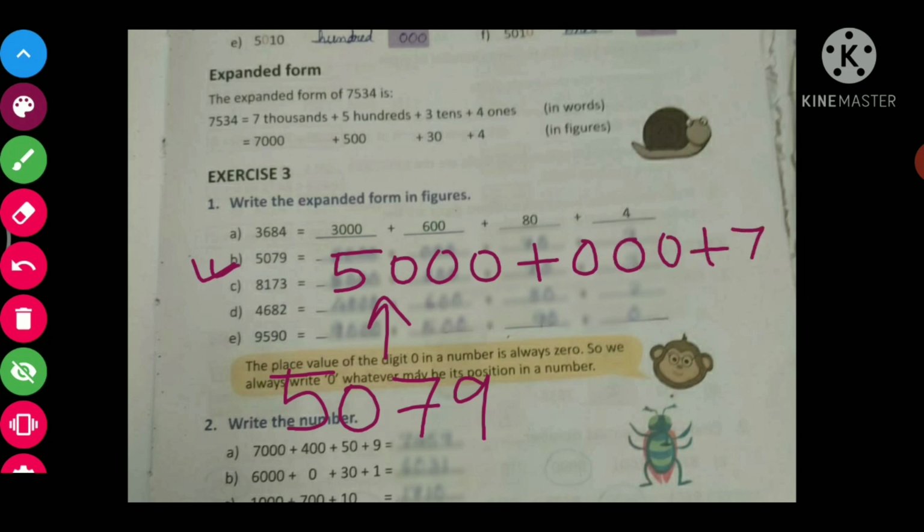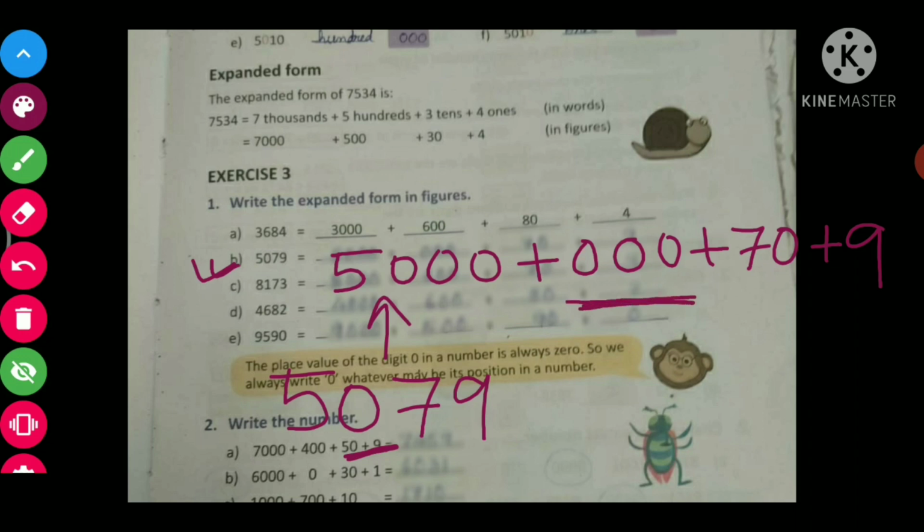Then 70, then 9. So if 0 is placed in any place value, we'll write only a single 0. For your understanding I just showed you 3 zeros.